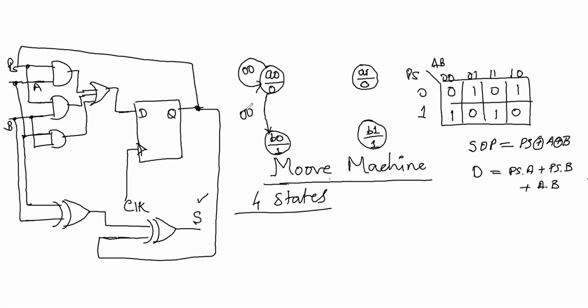Where is that? For 0, 1 and 1, 0. Okay. And for 1, 1, you have a different option.